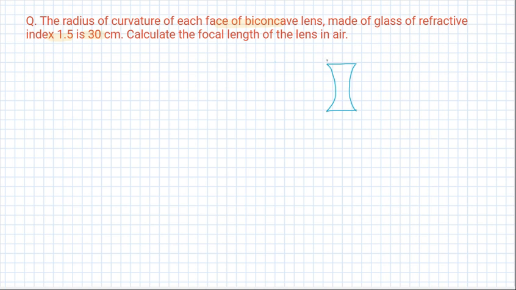Okay, now if this is your biconvex lens, they have said that the radius of curvature for this biconvex lens is 30 centimeter. Now as we know, your lens has two radius of curvature.